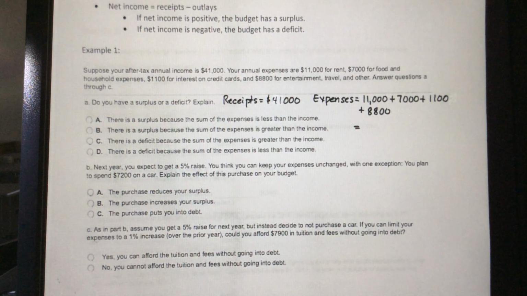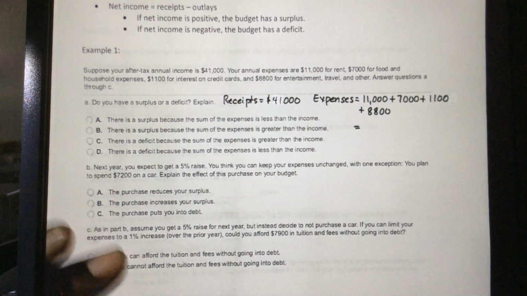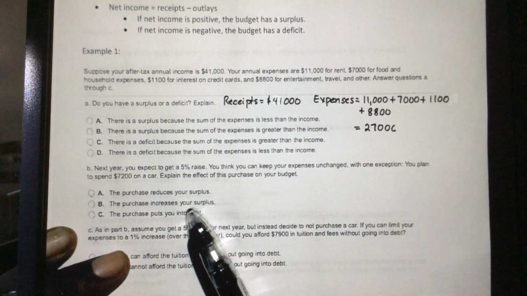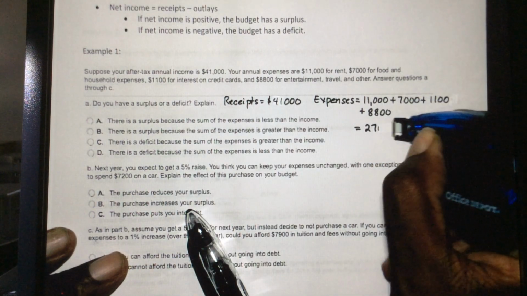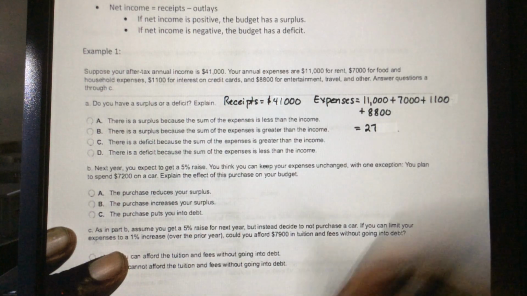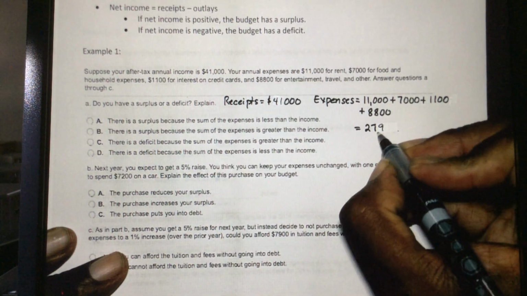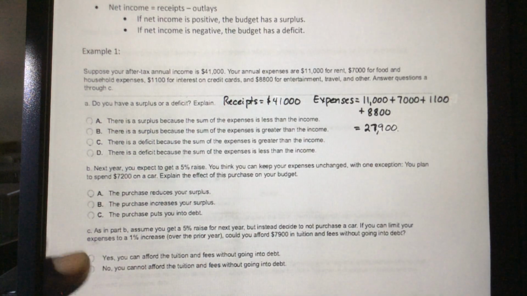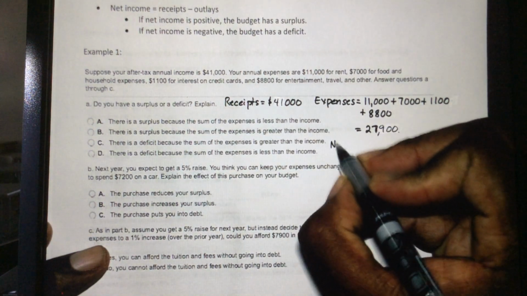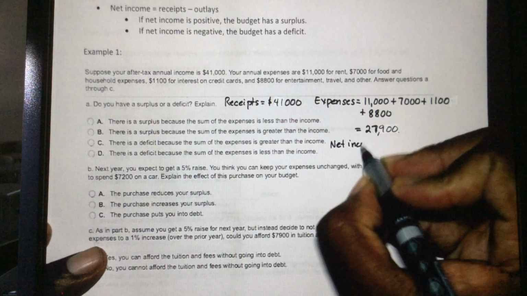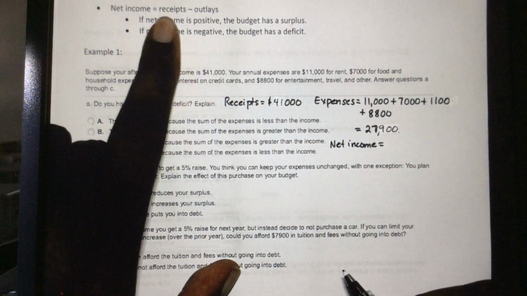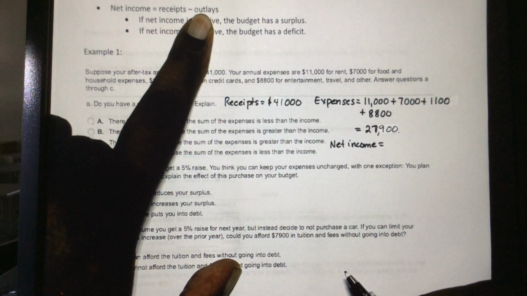So if we add those expenses together, you're going to get $27,900. So our expenses are $27,900. To find the net income, that's going to be the receipts minus the outlays, or expenses.